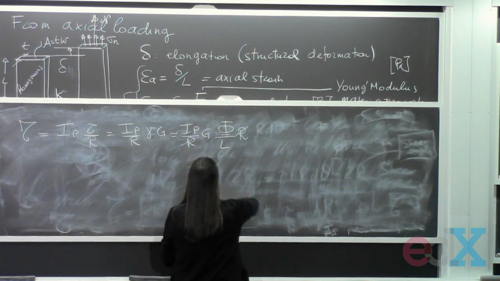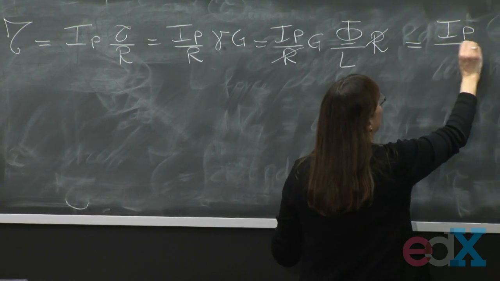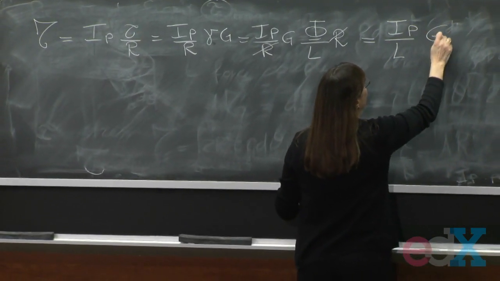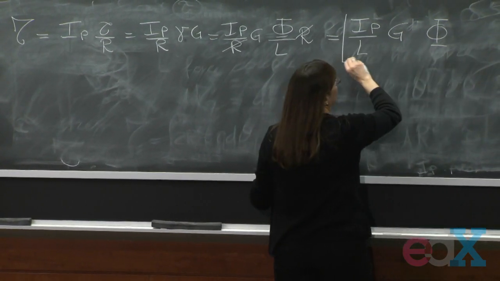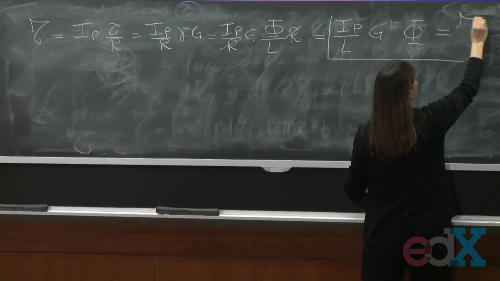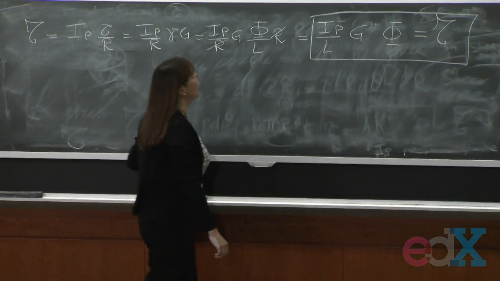And so what do I get? I get IP over L times G times phi. This is equal to my axial torque resultant. Just sub in and do the work.